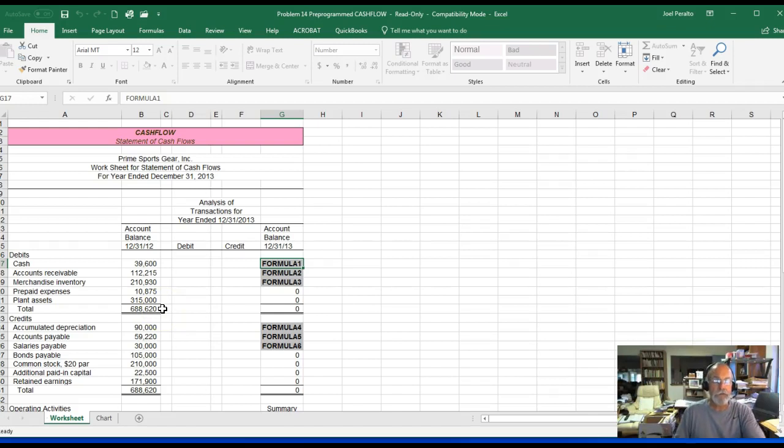You'll notice that the balance sheet totals in the textbook are different from the balance sheet totals on this template.